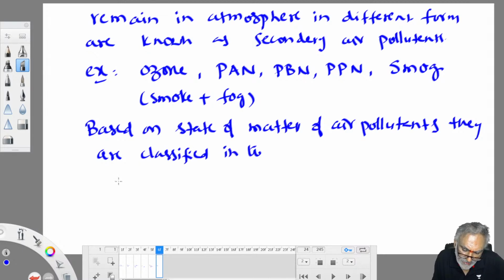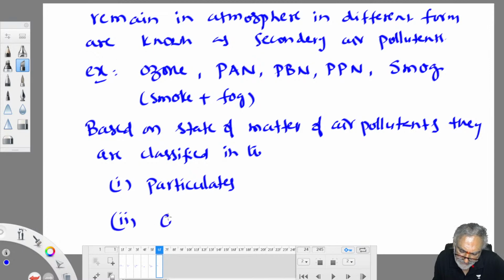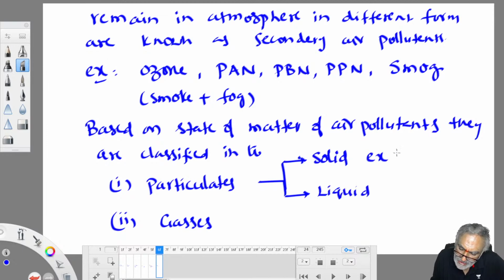One is particulates, the other one is gases. Particulates are again either in solid form or in liquid form. Solid particulates, an example is dust particles. A liquid particulate example is mist particles in the atmosphere.